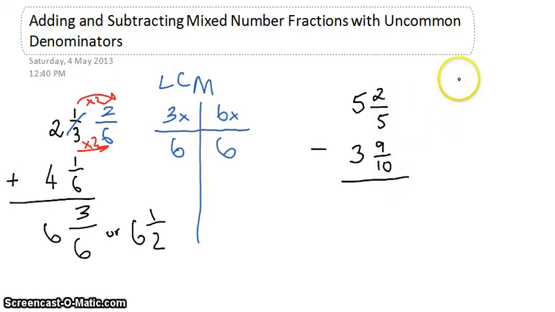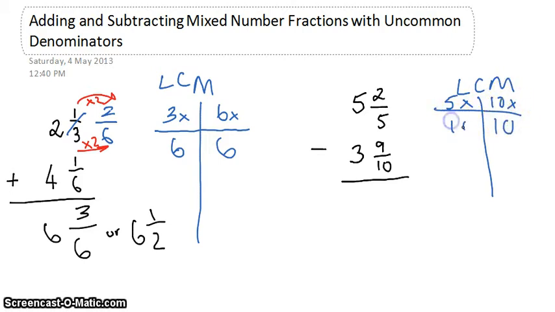We need to make sure they're in the same parts. So we're looking for our lowest common multiple of 5 and 10. The lowest common multiple of 5 and 10 is, of course, 10.